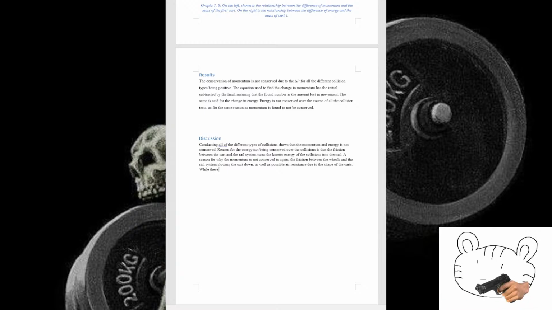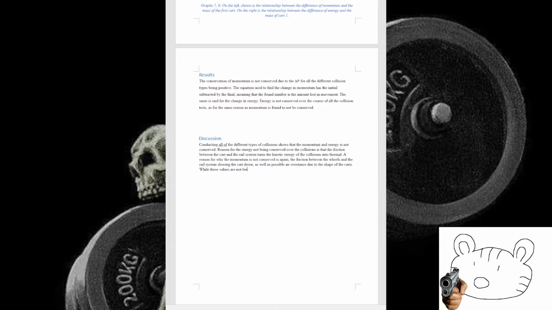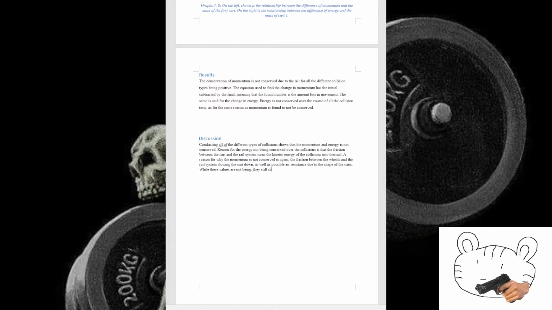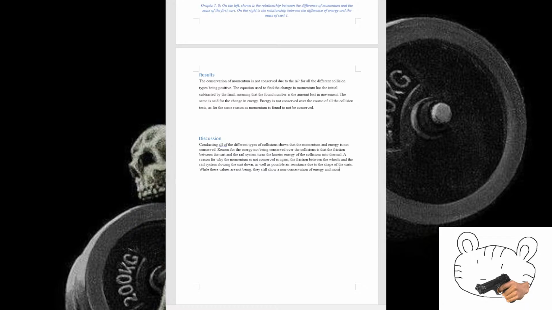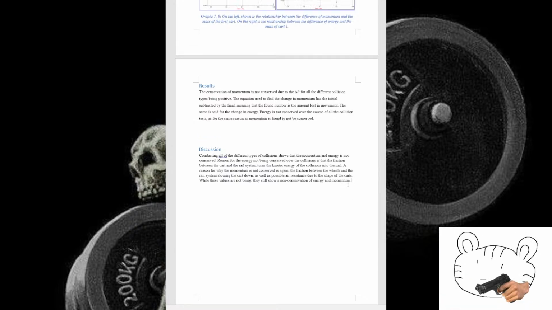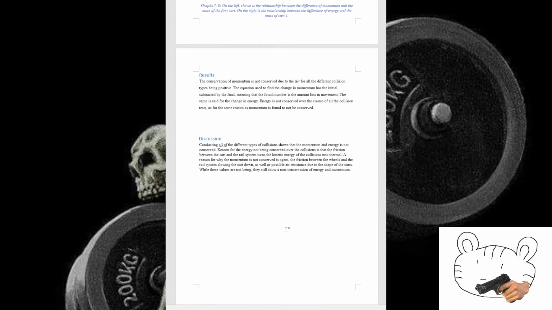While these values are not big, they still show a non-conservation of energy.